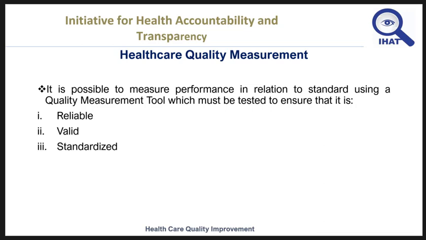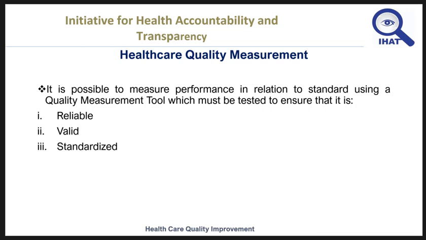The use of these tools results in the same reading regardless of who does the measuring or when and where the measurement is taken. These tools also have to be valid, that is, they measure exactly what they are intended to measure. And lastly, these tools also have to be standardized.